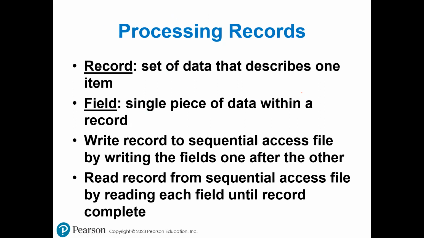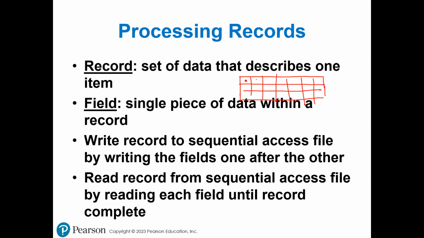Records, processing records. So think of records as a table. If you've ever seen Excel, you will know that in Excel, it's all stored like this, right? There's a rectangle and these are fields. So think of the record as one line. This whole line is a record and a field is just a single piece of data.